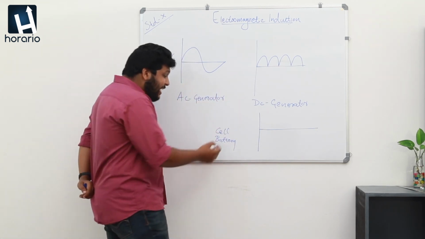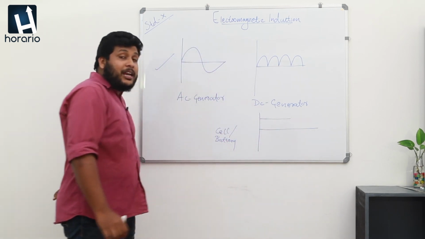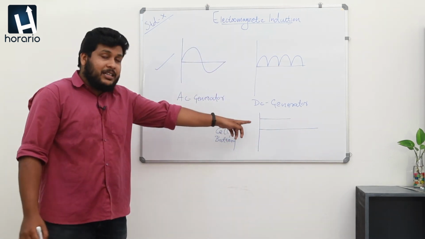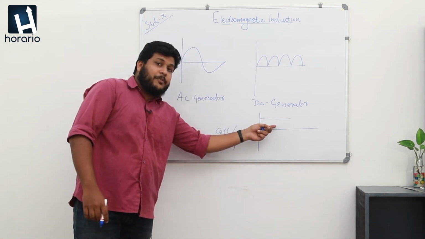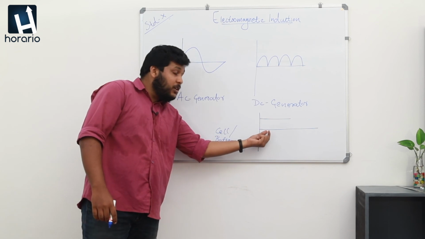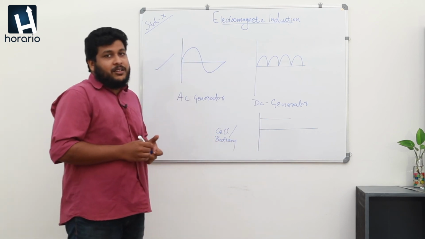In a cell or a battery, the current can be represented this way. So this is the graph showing the output current coming from a cell or a battery.